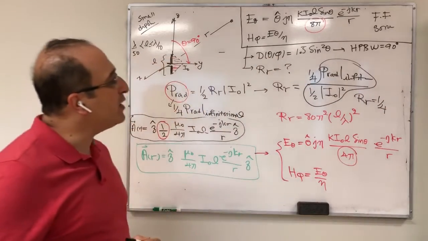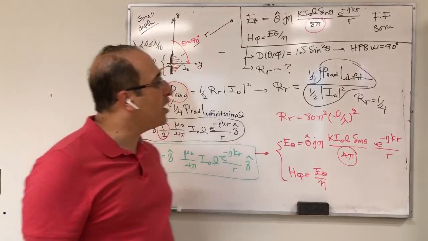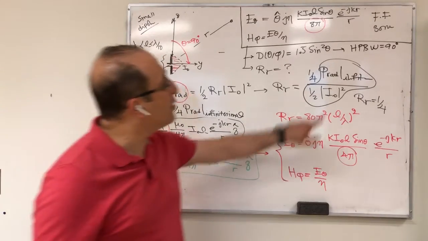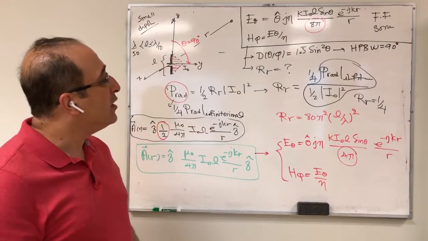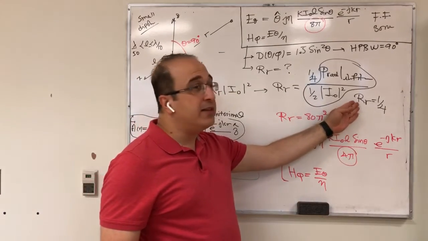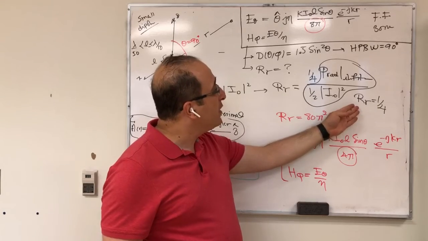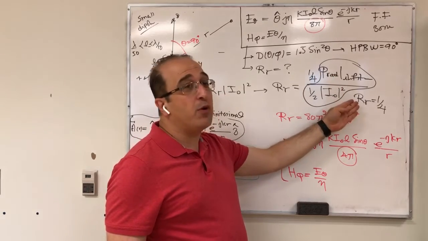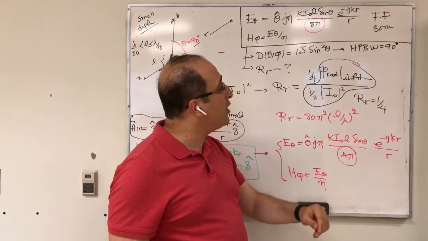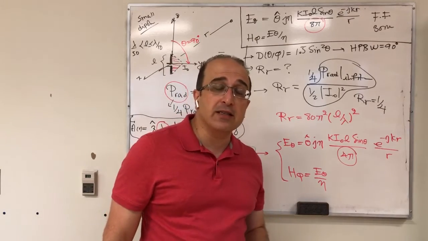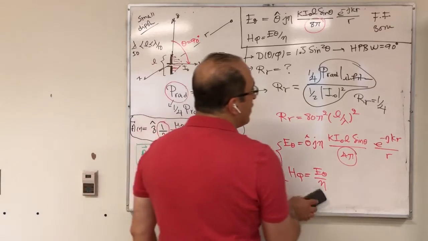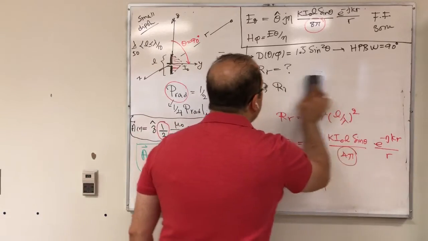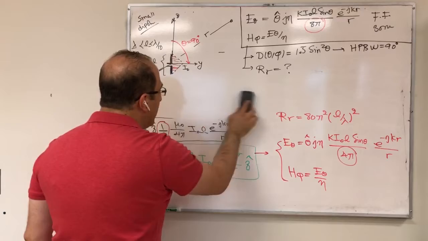And this one is already the radiation resistance of the infinitesimal dipole antenna, because we have the power of the infinitesimal dipole antenna here. So we could argue that the radiation resistance of a small dipole antenna would be 1 divided by 4 of the radiation resistance of the infinitesimal dipole antenna.